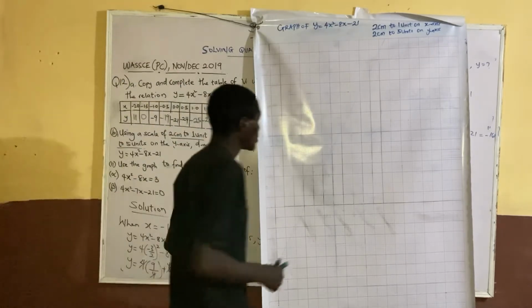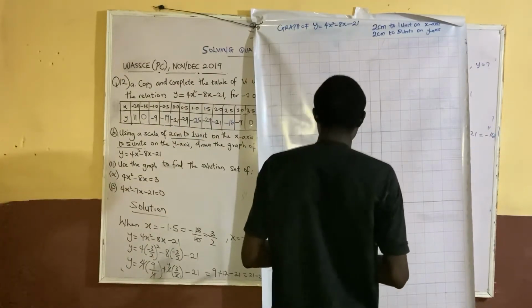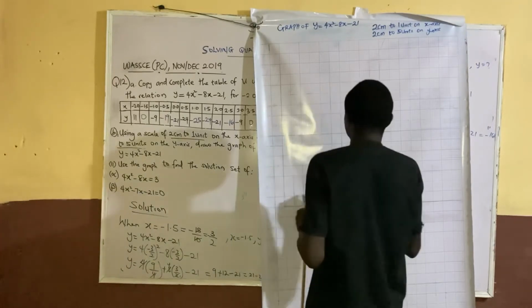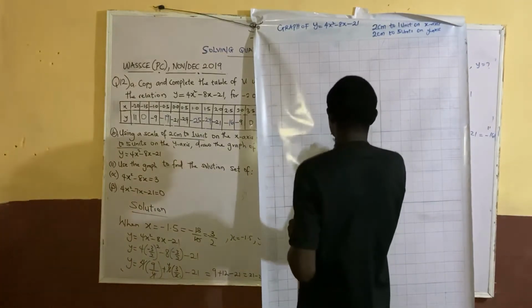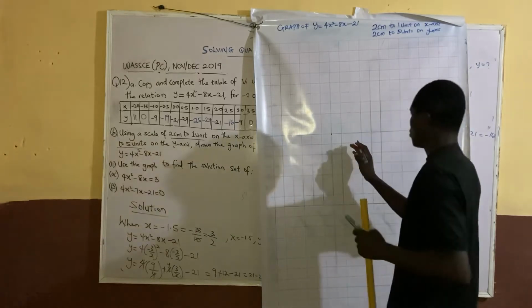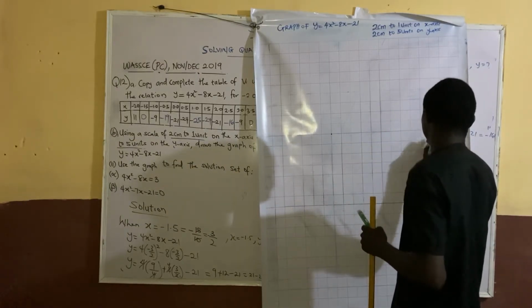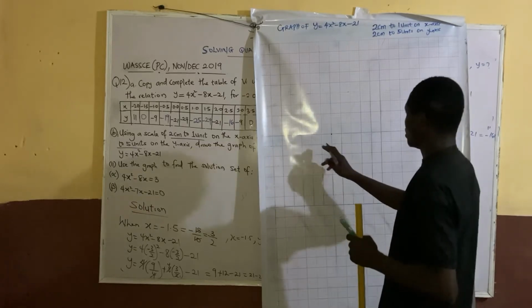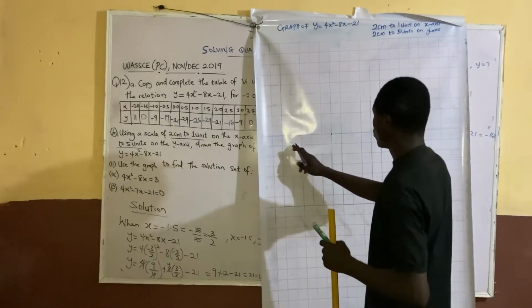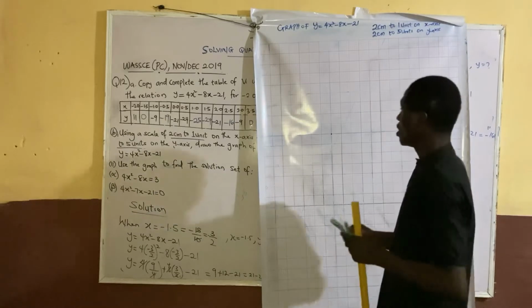So I would rather prefer this place, because on dividing it, I'll be able to take 1, 2, 3, 4, 5, 6, and this will be minus 1, minus 2, and so on. So I prefer that place.